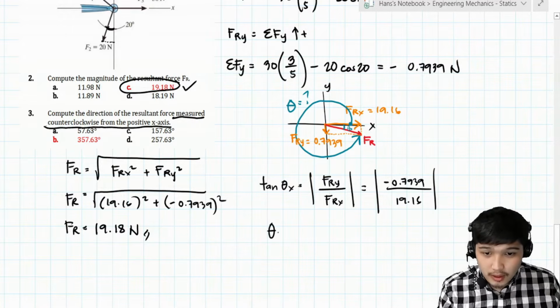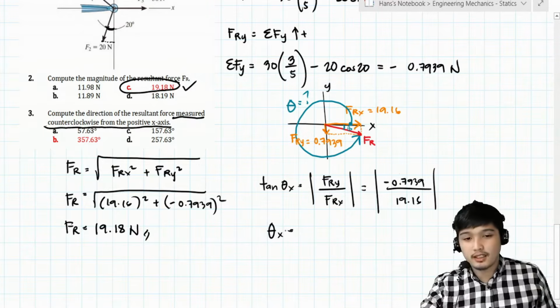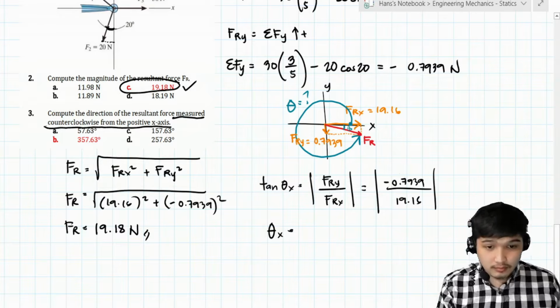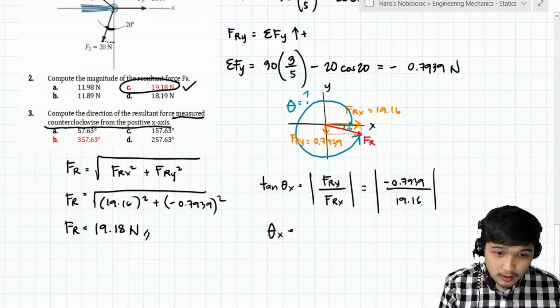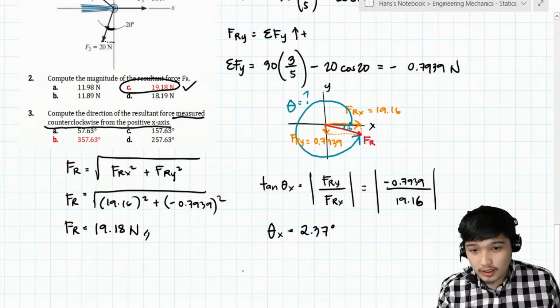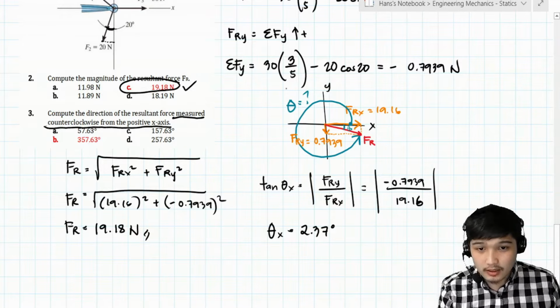So, yung small angle doon sa triangle natin is how much? So, this one is 2.37 degrees. Pero hindi yan yung tinatanong. Yung tinatanong yung malaking angle theta dito.